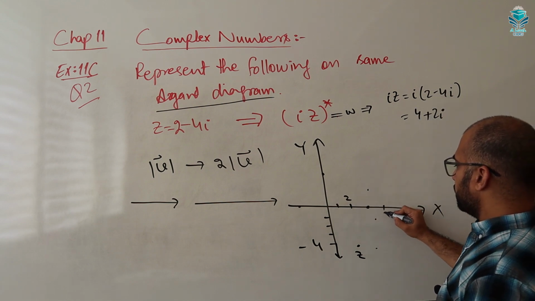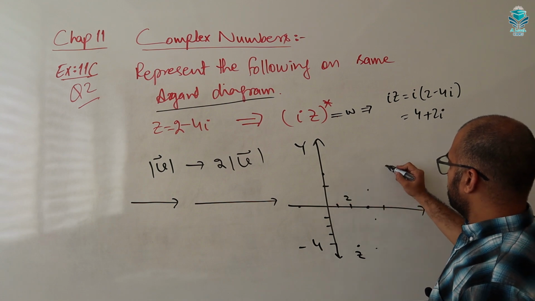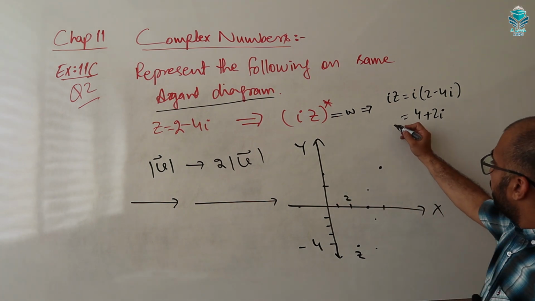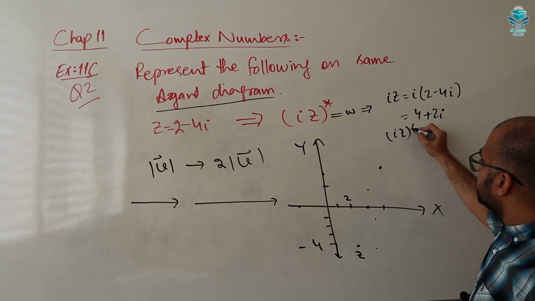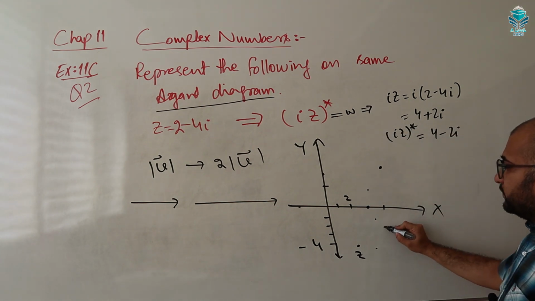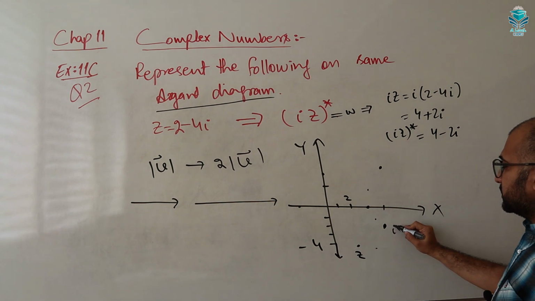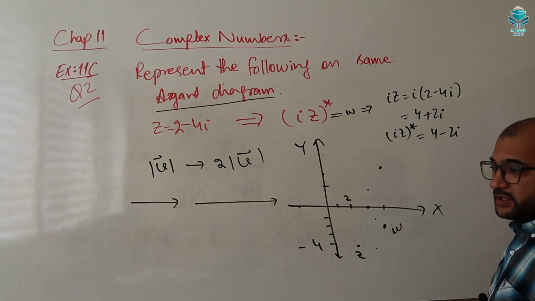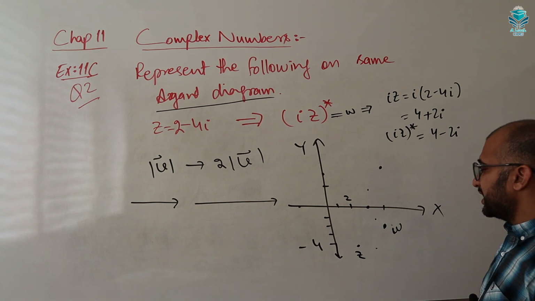Here is the number iota Z. But when I take its conjugate, it will be 4 minus 2 iota, so you have it here. So this is omega. This is your graphical representation, which is known as the Argand diagram.